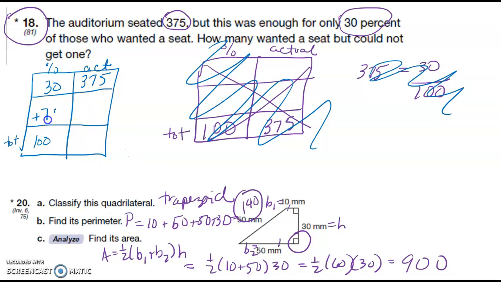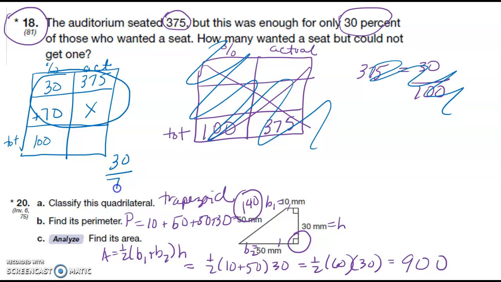And we know that this plus this is 100. And then how many wanted a seat but couldn't get one? That's going to be the 70% that can't get one, since it's only 30% of the people. And then the total, we have no idea. So this is what we're going to be using.